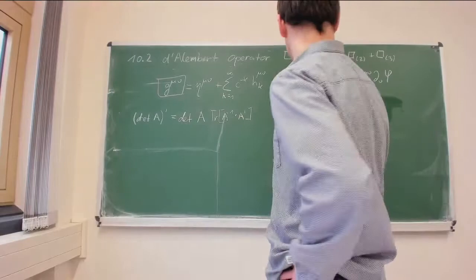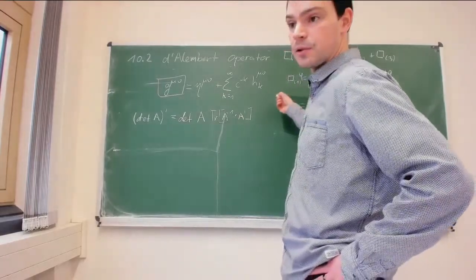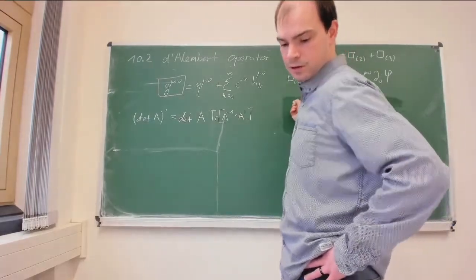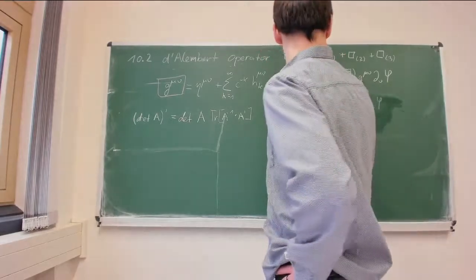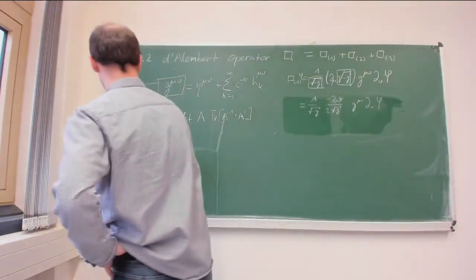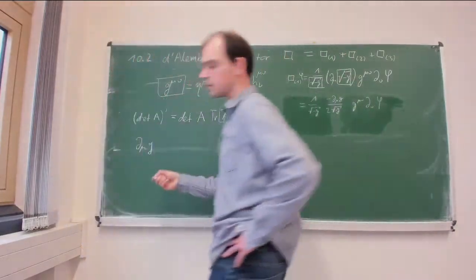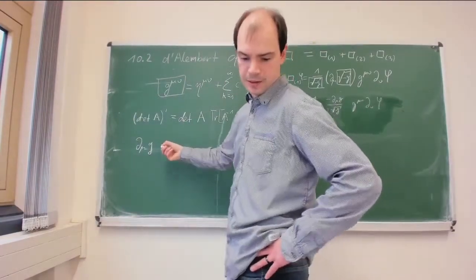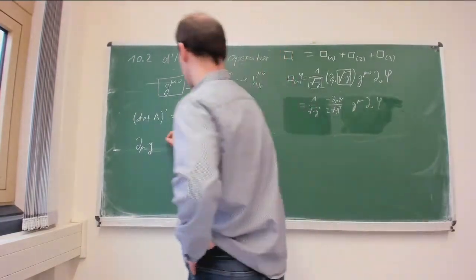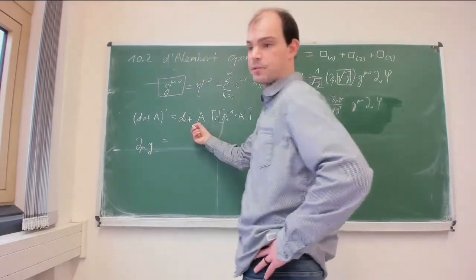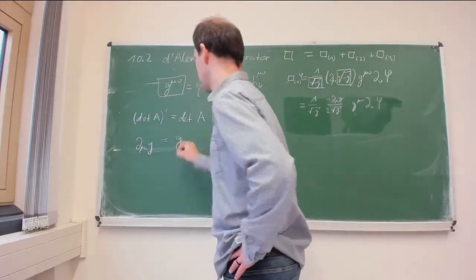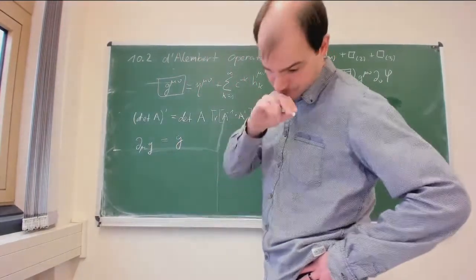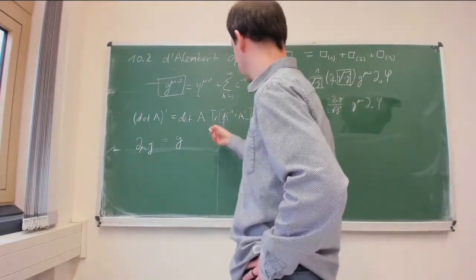If we write this in our covariant notation for g, then we get the derivative d mu of g equals the determinant g times the trace.